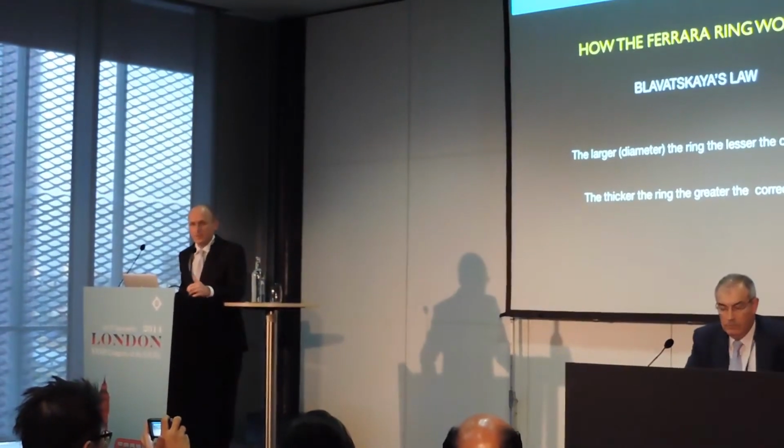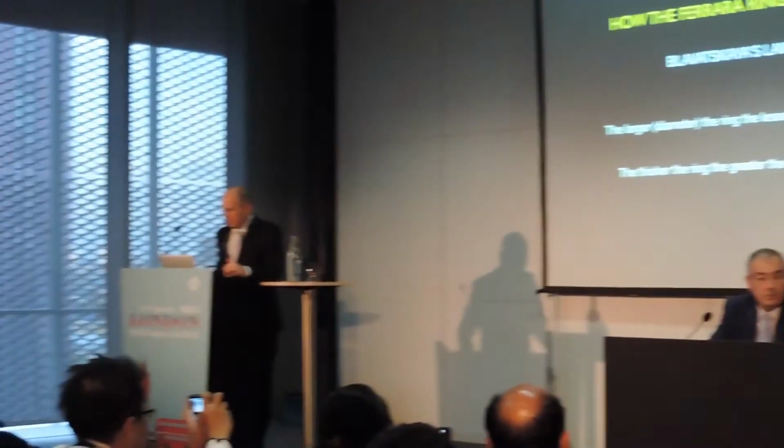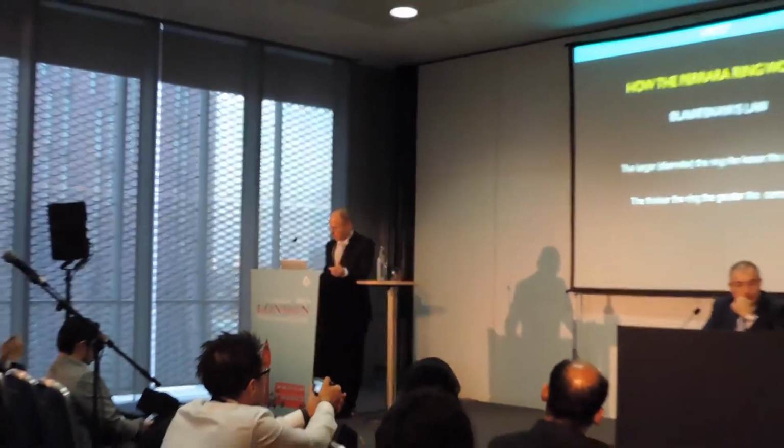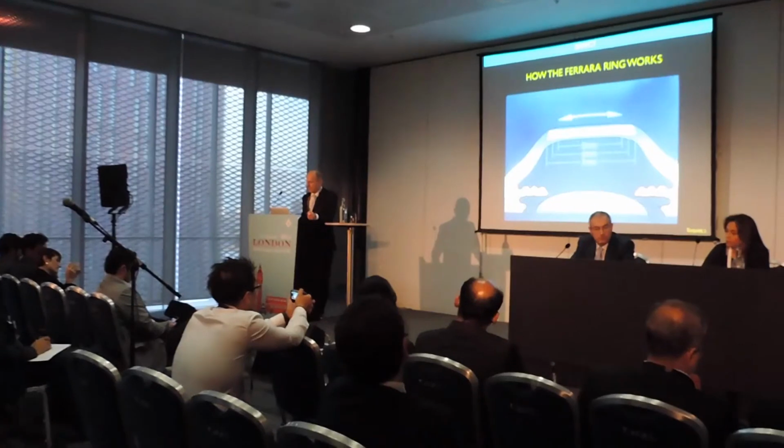First, a fact. Blavatsky's law was described, and this law described the mechanism of action of the intracorneal ring segments. And we know that the larger the diameter of the ring, the lesser the correction, and the thicker the ring, the greater the correction.